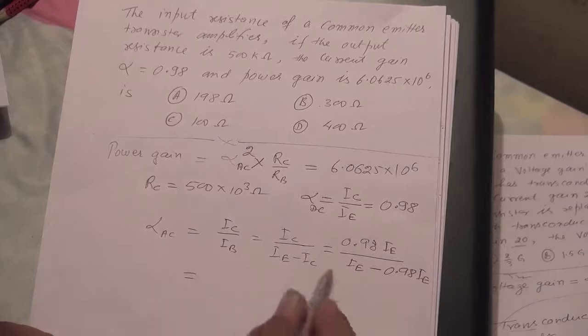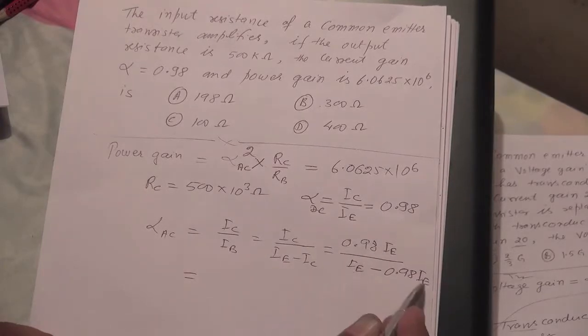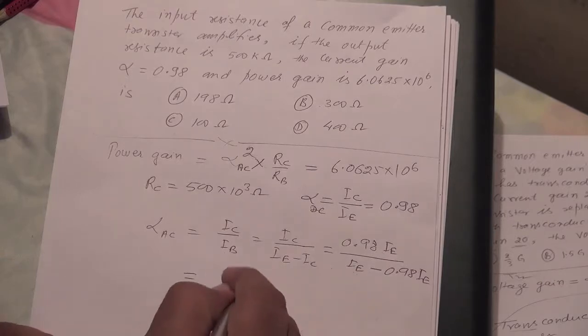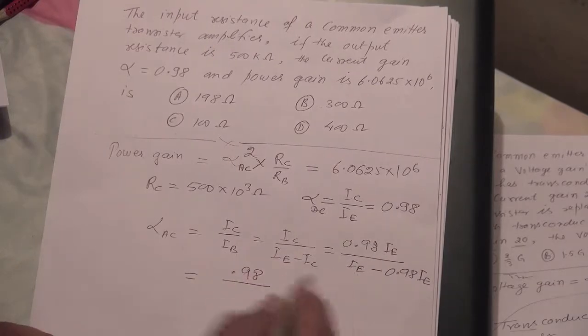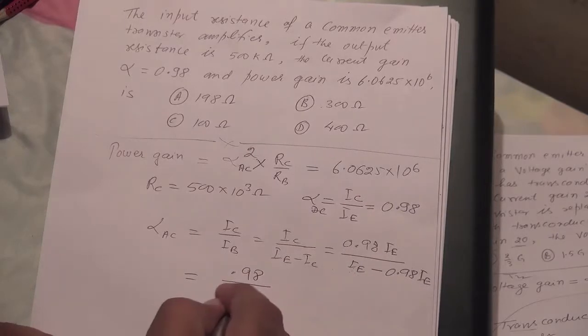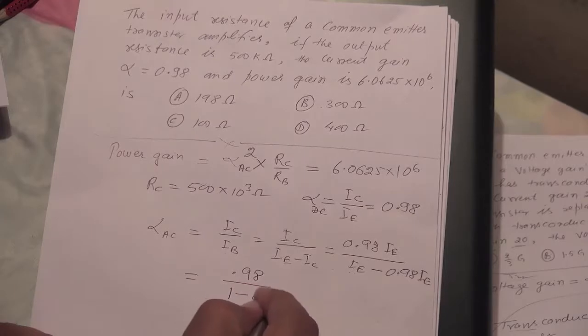This is equal to IE, take the common out, cancel with this, and this will be 0.98 divided by, IE is common, so what remains here? 1 minus 0.98.